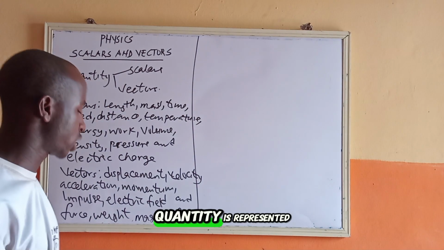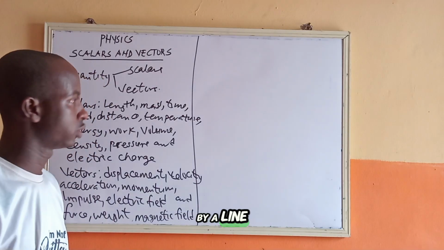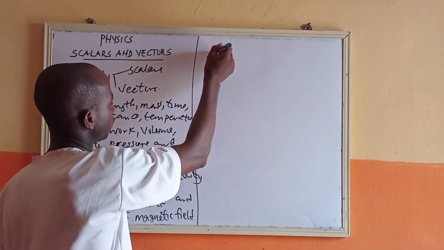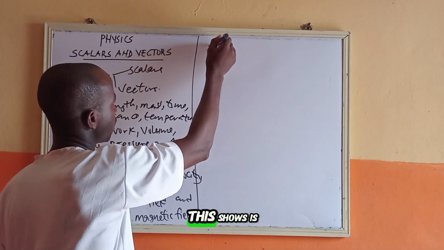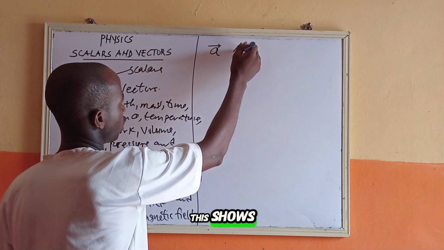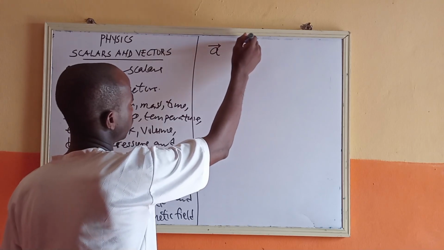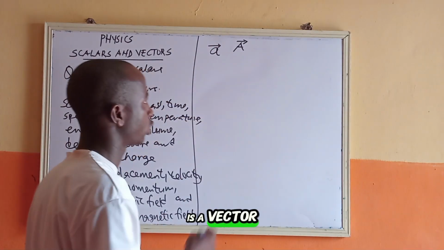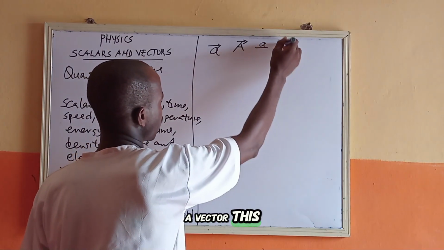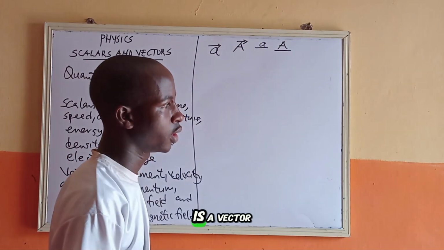So a vector quantity is represented by a line with an arrow on it. So if you see something like this, it shows it's a what? It's a vector. This shows it is a vector.